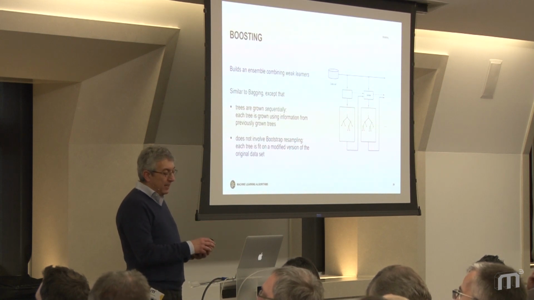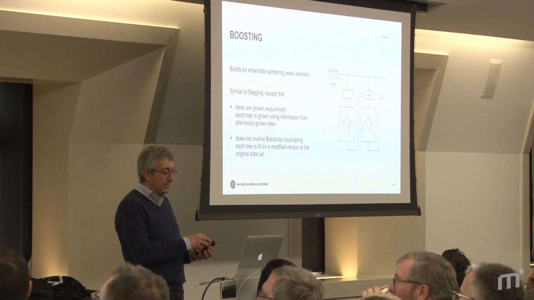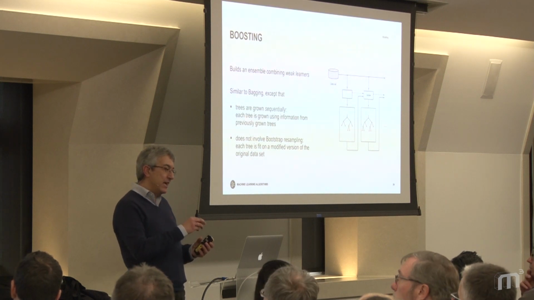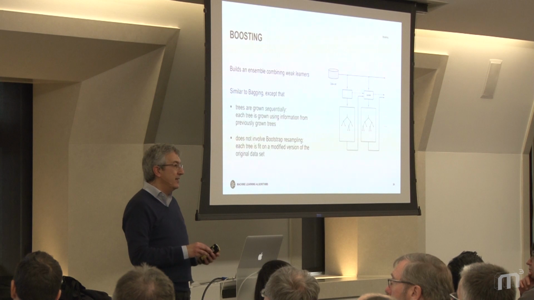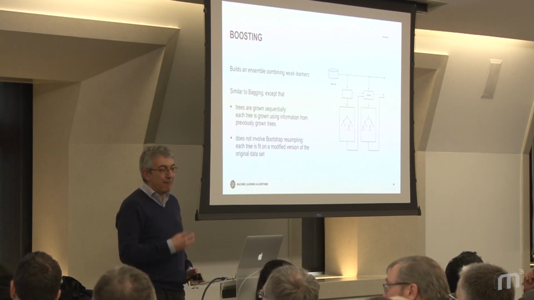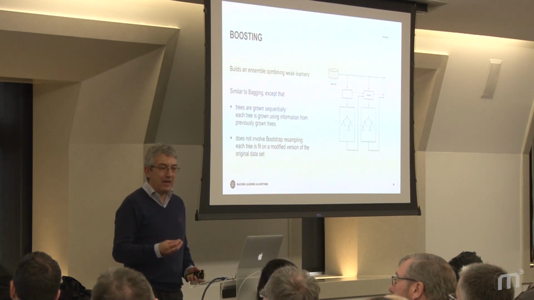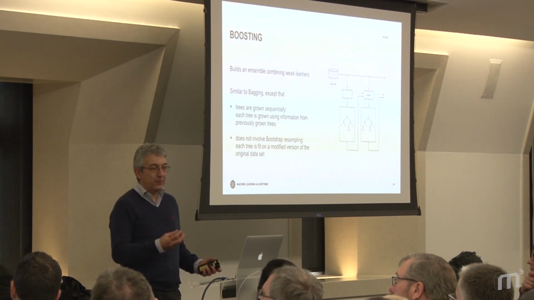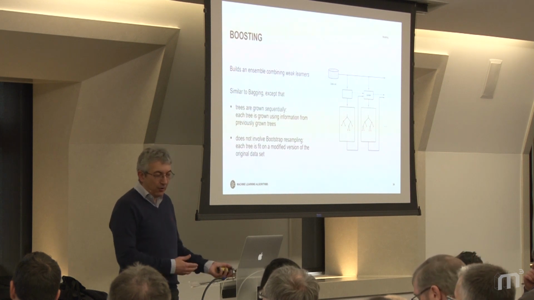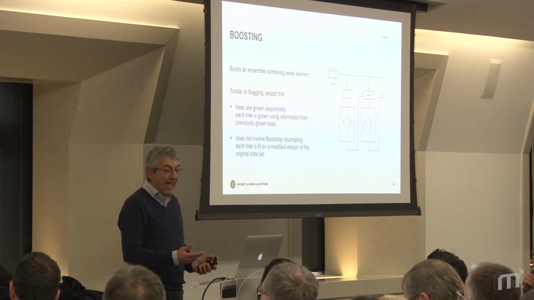What boosting does is use a data set, not with bootstrap resampling, to grow one tree, and then, depending on how the tree has performed on the training examples, it reweights the original data set, emphasizing the examples where the previous trees have not performed well. So in case of classification, it increases the weight of examples that have been wrongly classified, or in case of regression, it increases the weight of examples where the regression error has been higher.